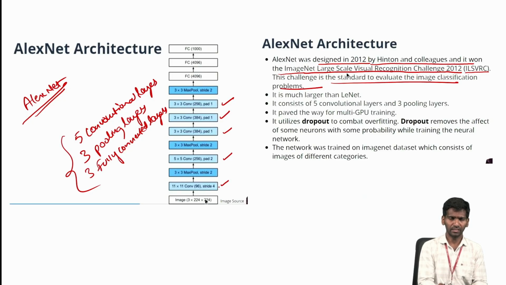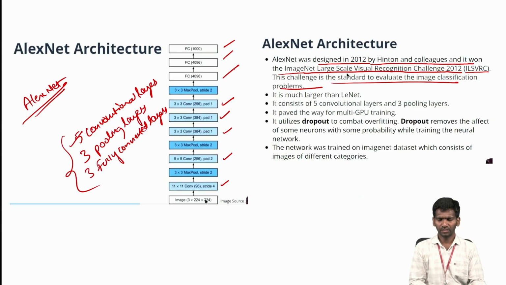Stride, padding, pooling, and all those we have seen in the other CNN session. So this is the image that we are giving, and then this image enters this architecture, where you could see all these layers: 5 convolution layers, 3 pooling layers, and 3 fully connected layers.